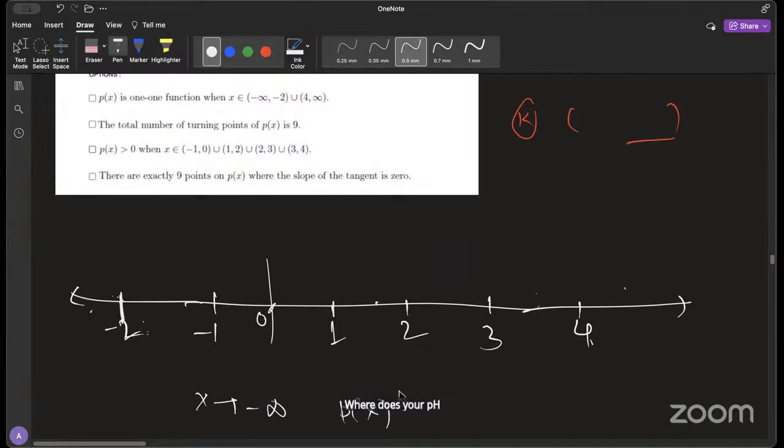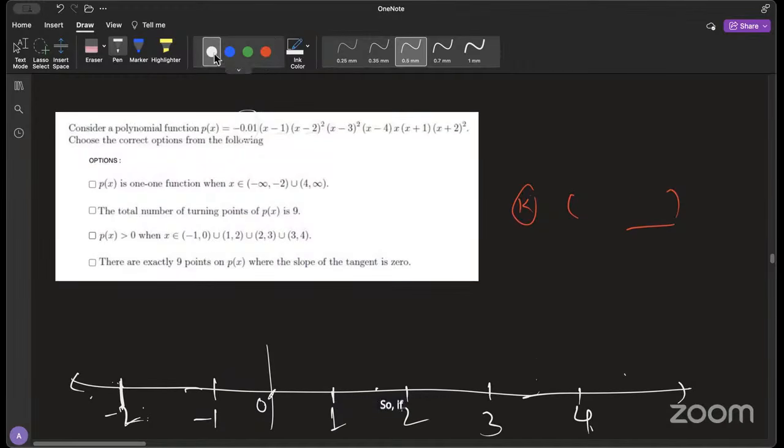By end behavior, you find where p(x) goes when x tends to -infinity. So if x tends to -infinity, this one goes to -infinity, this one goes to -infinity. Sorry, these two are even powers, so they are going to +infinity.